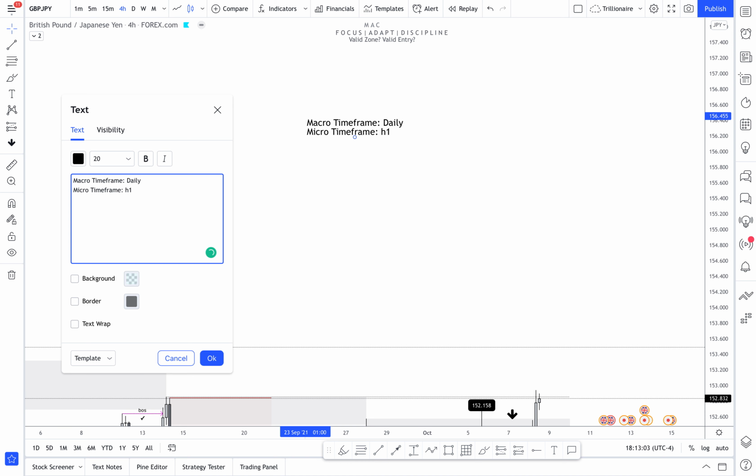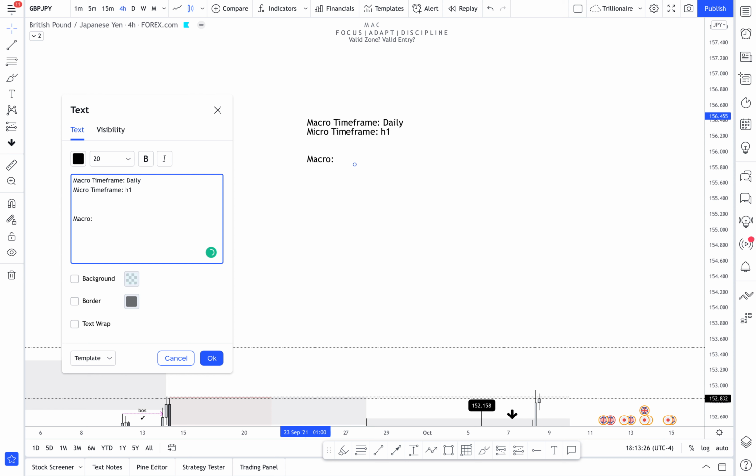When you are trading supply and demand, this is exactly how simple your trading plan should be. It should simply be: are you in a higher time frame macro zone? And if so, do you have a micro time frame entry present? That's pretty much it.